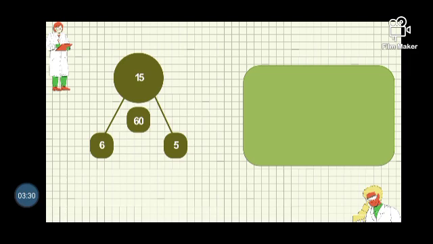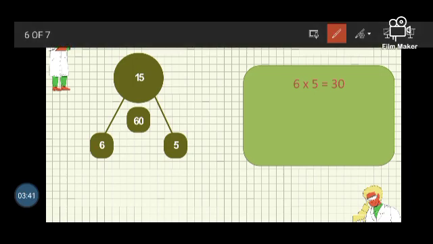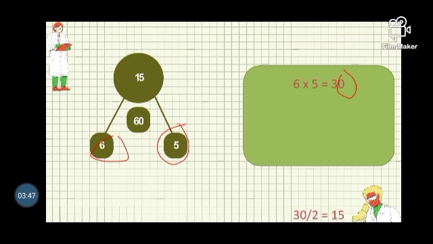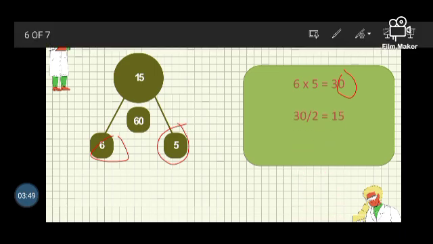Now let's see how this is done. 6 times 5 is 30. This 6 times this 5 equals 30. And half of 30 is 15, meaning 30 divided by 2 equals 15.